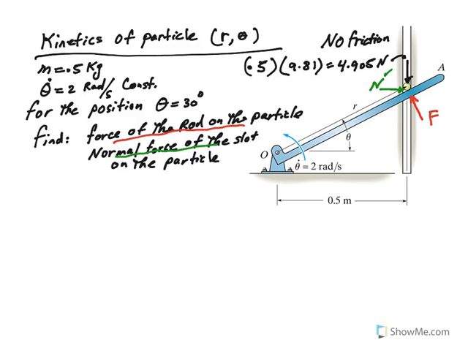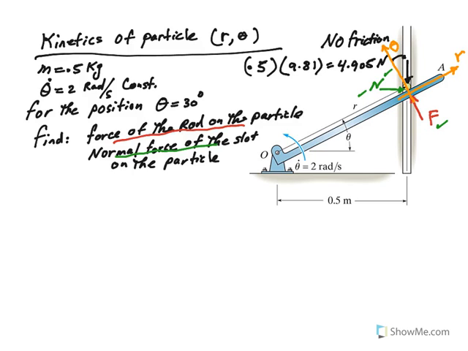All right, so how do we go about finding these two forces? Remember, these are the two unknowns here, N and F. Now, first, let's define our radial and transverse direction. You guys recall that the radial axis is the extension of the r, which is defined here from O to A, and then the transverse axis is perpendicular to that.